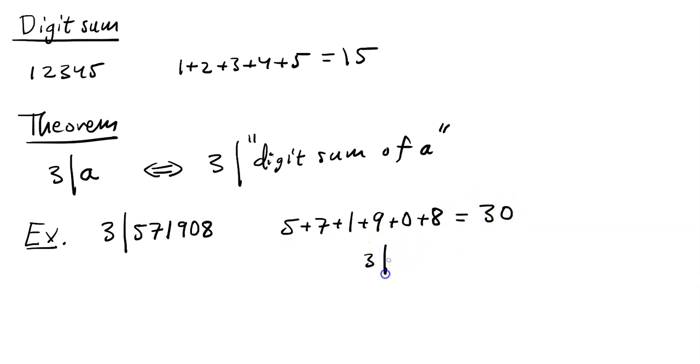And 3 divides 30. That means that 3 must divide the number. So that's using this theorem. Since it divides the digit sum, it divides the number.